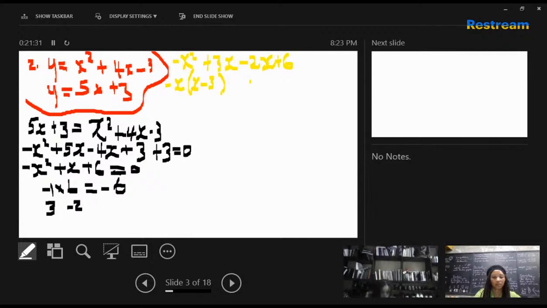The common term for the next one is negative 2. Negative 2 into negative 2x gives x, and negative 2 into positive 6 gives negative 3. So it would be negative x minus 2 and x minus 3.